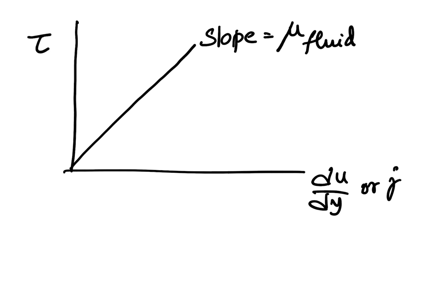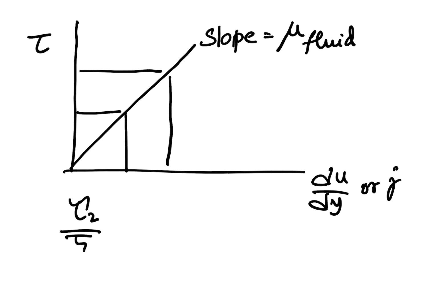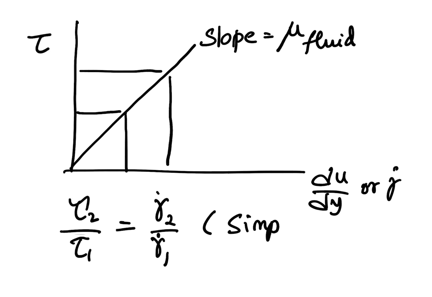That is, for a given value of a strain rate, you have a corresponding value of shear stress, and that it is proportional. That is tau 2 divided by tau 1 is equal to gamma dot 2 divided by gamma dot 1. This will make it a simple fluid or Newtonian fluid.